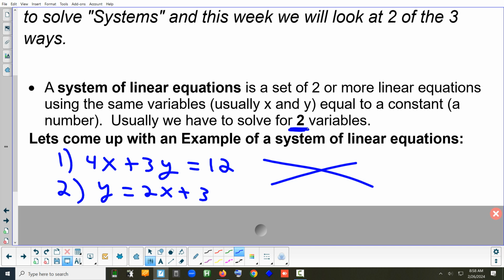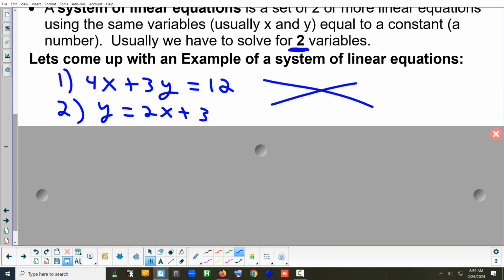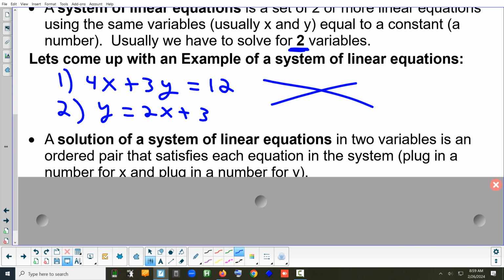Okay. Any question on that? Now, think about if you're finding two answers. Okay? One of them is an x, one of them is a y. What's something that we write in math a lot that has an x in it, and then a comma, and then a y in it? There's a name for it. Yeah, a coordinate. That's exactly what you're finding. Okay? You're finding a coordinate when you're solving a system of equations.